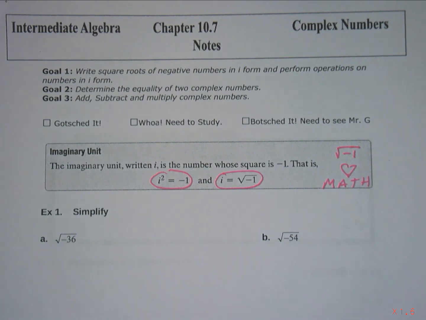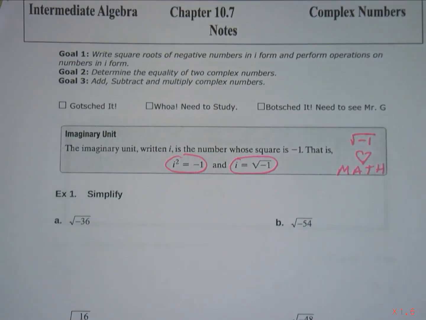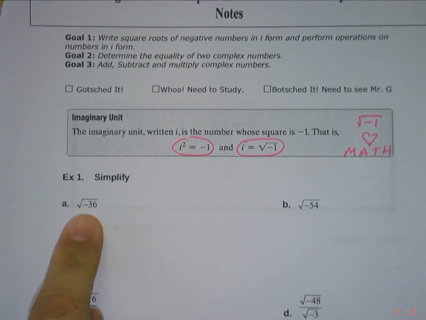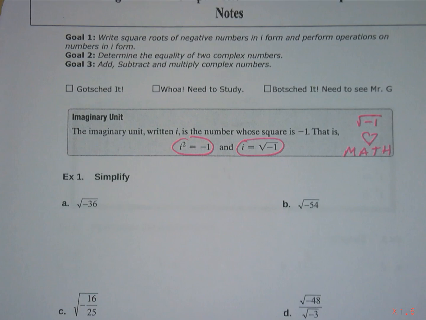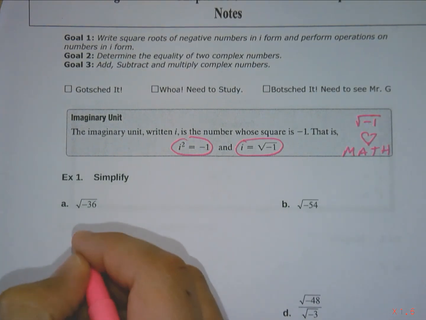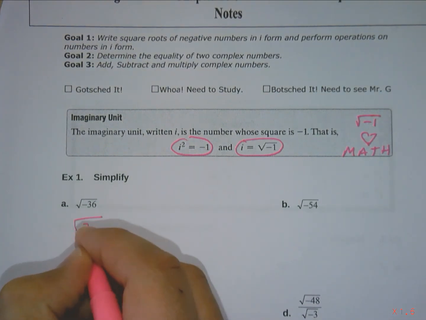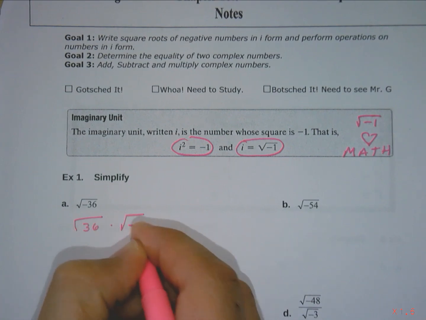So as we take a look, I've got the square root of -36. If I type that in my calculator right now, I'm going to get no real solution, but we want the imaginary solution. So here's the idea: the square root of -36 is the square root of 36 times the square root of -1.